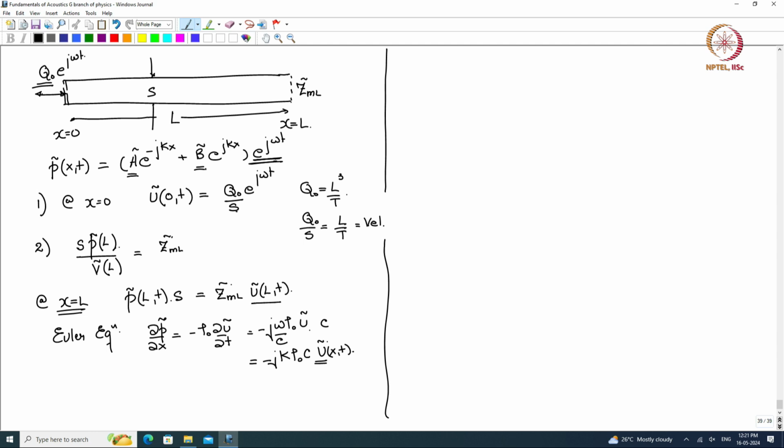I want this particle velocity. So p tilde at L comma t into S is equal to Z mechanical tilde times 1 by minus j k rho 0 c times del p by del x at x equal to L.